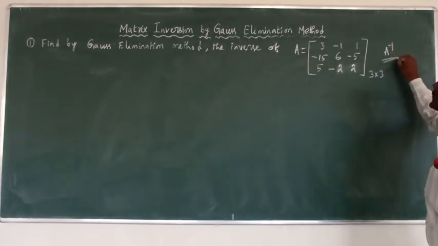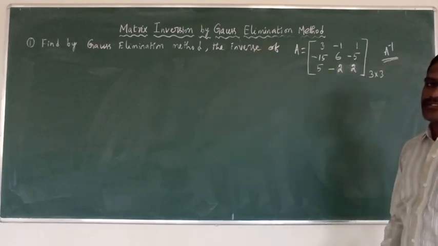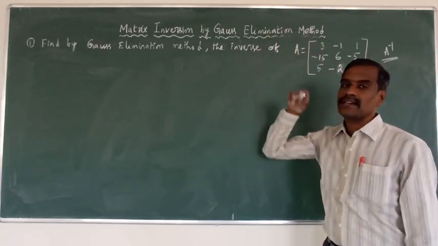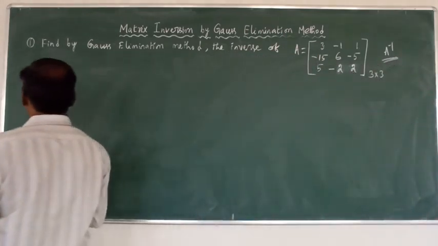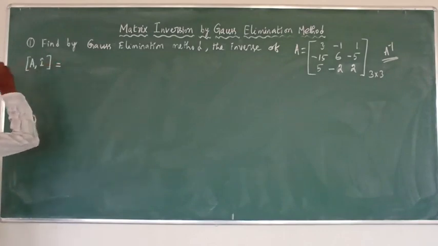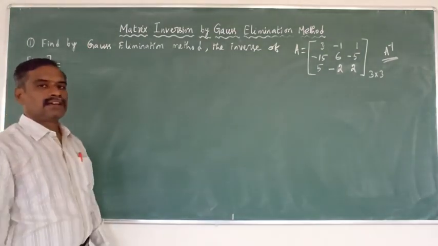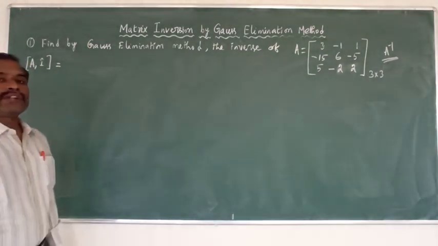A inverse means the matrix inversion of A, the inverse of the A matrix by using the Gauss elimination method. For that, we write A comma I, where A is the given matrix and I is the unit matrix.